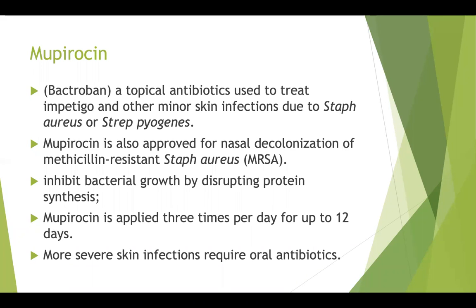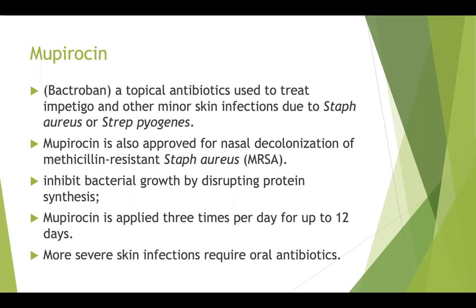The action of this is it inhibits bacterial growth by disrupting protein synthesis. So we are still on the medications that disrupt the protein synthesis of the organism. More severe infections require oral antibiotics.